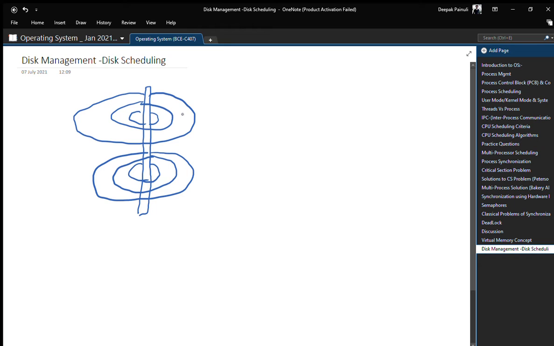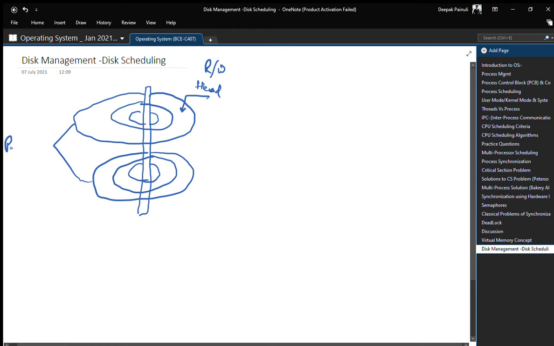This is the structure of the disk, and this will be your head, the reader writer head. And there are some plates or CD like structures which are called platters.